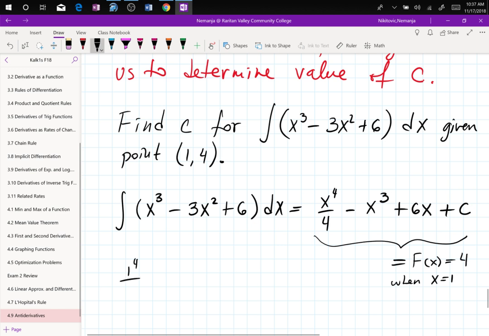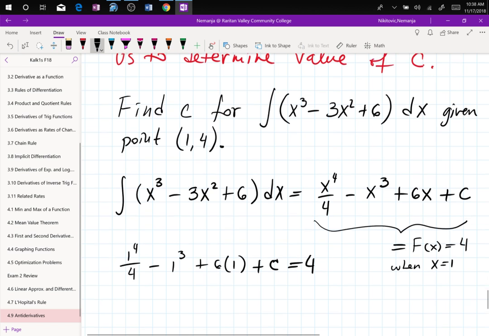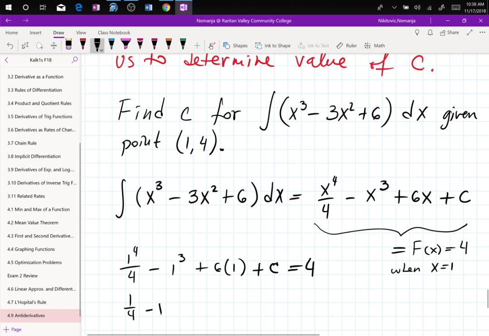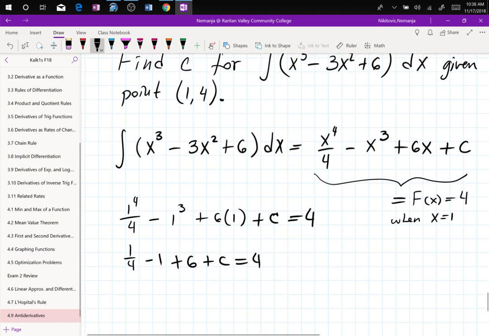So 1 to the 4th over 4, I'm plugging in, minus 1 cubed plus 6 times 1 plus c is equal to 4. And as you can see, c is the only unknown that I need to compute. 1/4 minus 1 plus 6 plus c equals 4. This is 5, move to the other side, so c is equal to 4 minus 5 minus 1/4 equals negative 5/4. So negative 1 minus 1/4, you can either put negative 1 and 1/4, or you can just do negative 5/4.